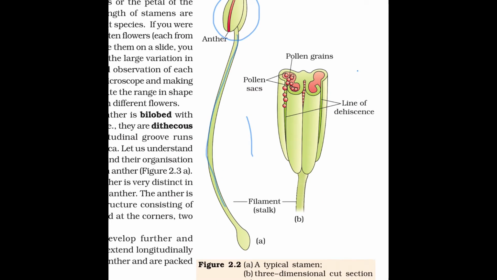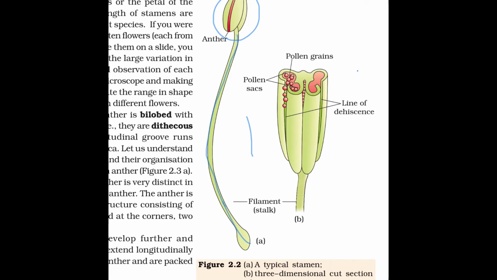the proximal or basal end of this filament, is either attached with thalamus or attached with petal. If it is attached with thalamus, it is called free condition, but when it is attached with petal, it will be called epipetalous condition.